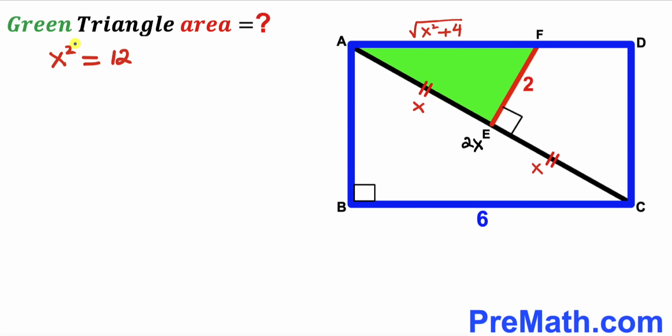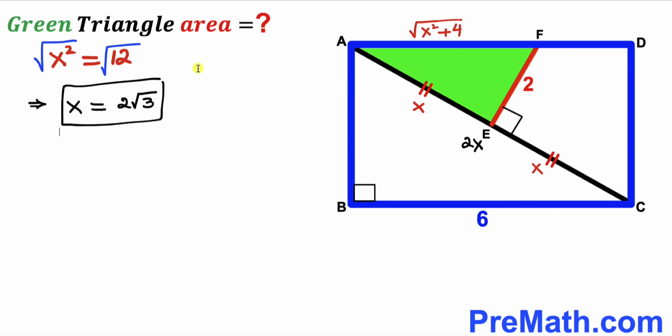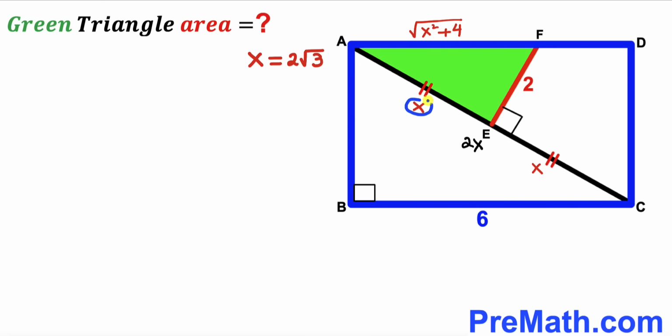And now we are going to undo this square by taking a square root on both sides. So therefore we could see that our x value simply turns out to be 2 times the square root of 3.